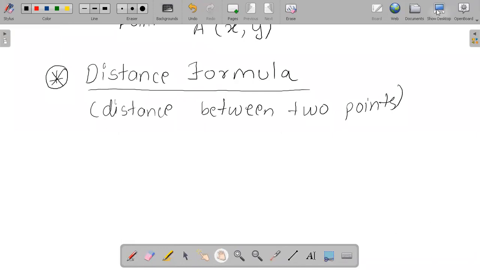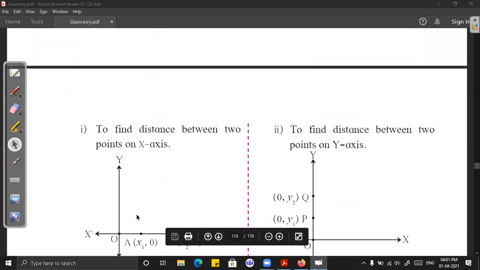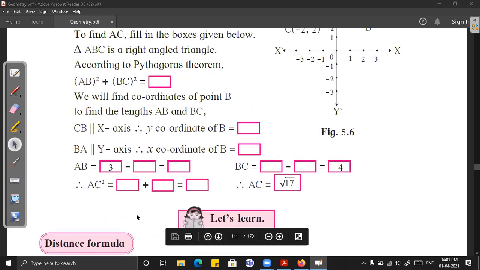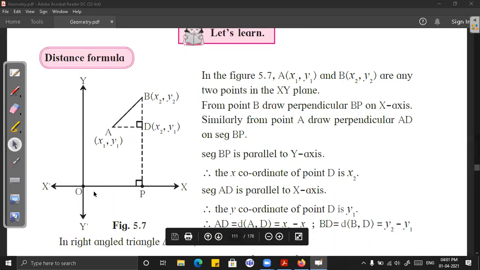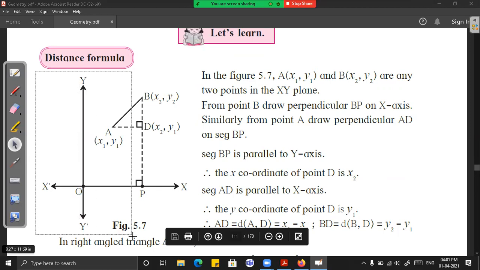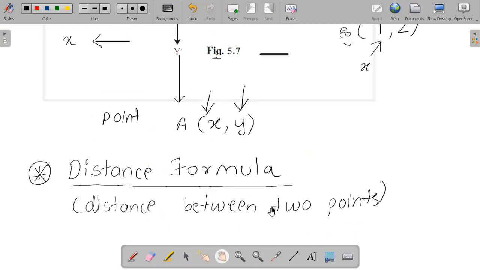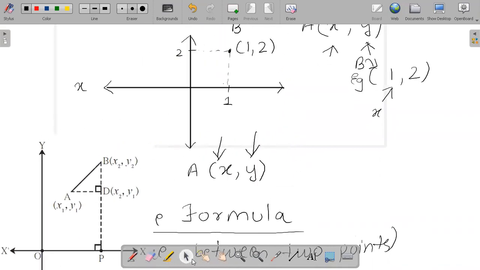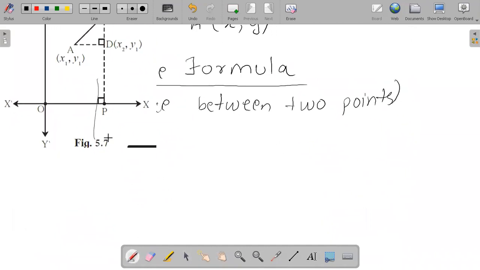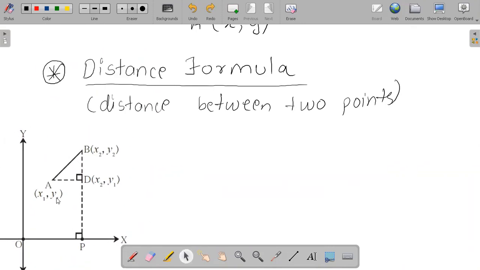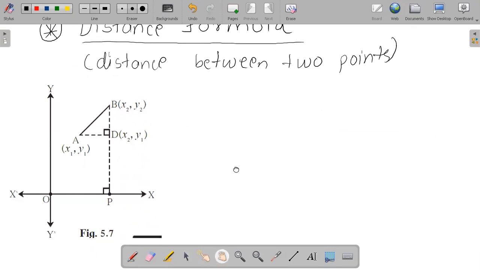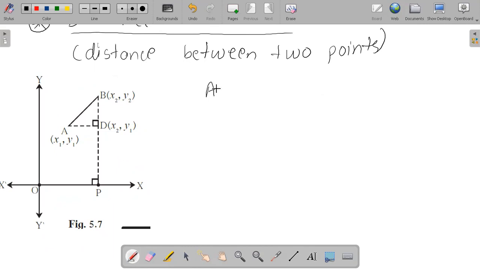I'll just open the textbook. If you look at this figure, look at the point A, which has the coordinates x1, y1, and look at the point B that has the coordinates x2, y2.